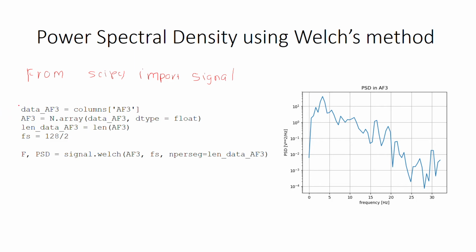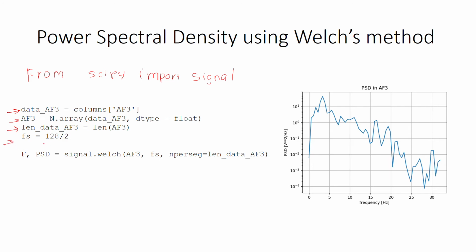Let's say that you're going to determine the power spectrum of AF3, which is one electrode of the overall electrode system. So you need to define an array, and then the data length and the sample frequency.